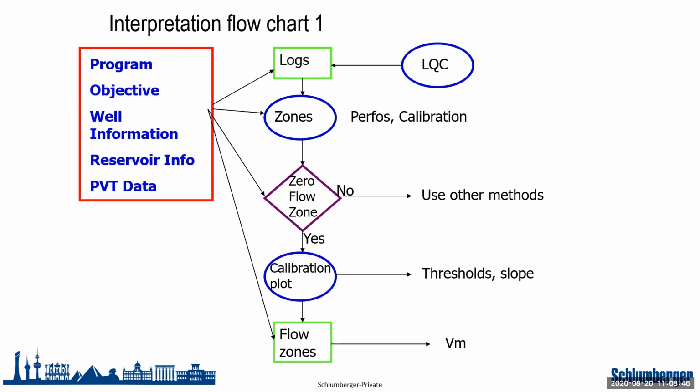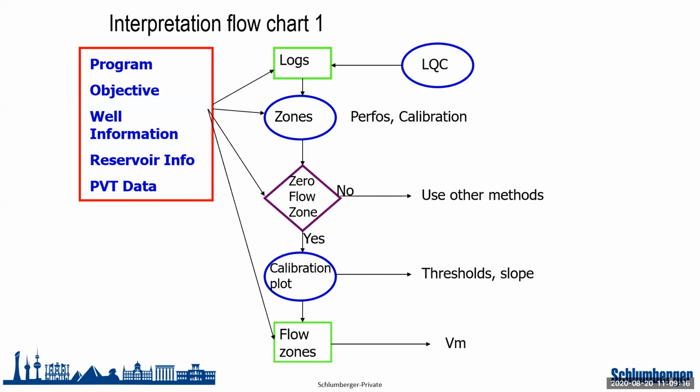It is very important to understand the objective to achieve with this production log. The objective is really to understand what the entries from the perforations are, or to identify a leak, or a crossflow. You want to get as much well information as possible, very importantly your wellbore sketch and your completion sketch.